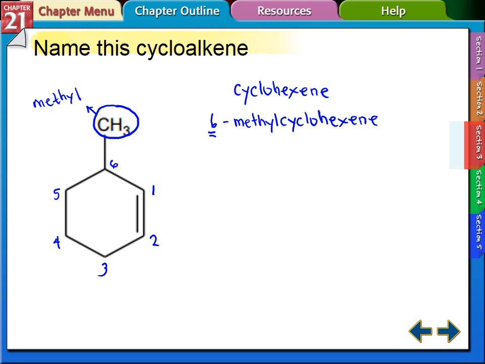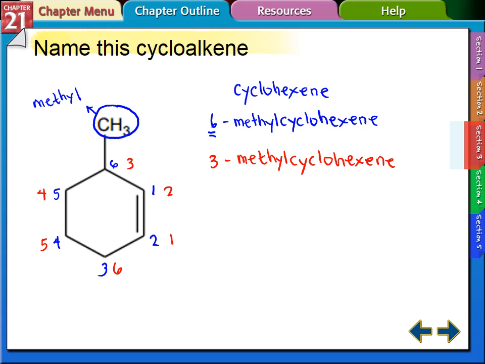However, if we number our carbons in this manner, so that we start from here, 1, 2, 3, 4, 5, and 6, then we will have 3-methylcyclohexene.